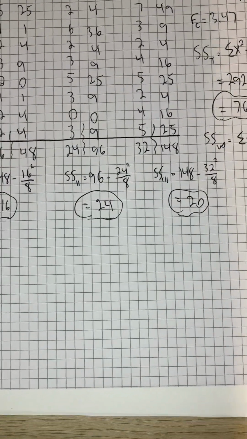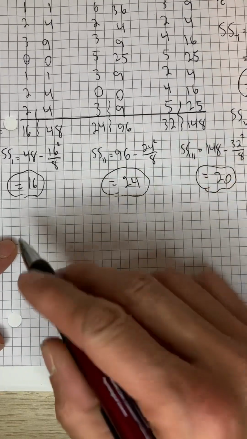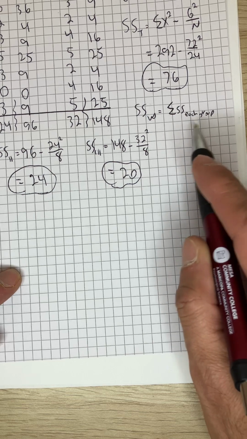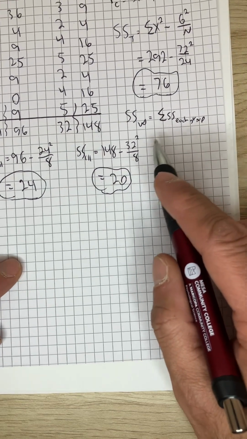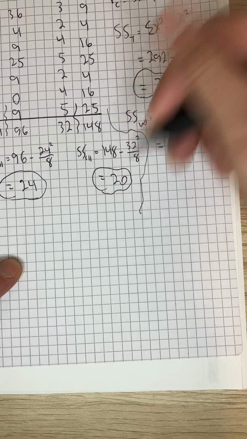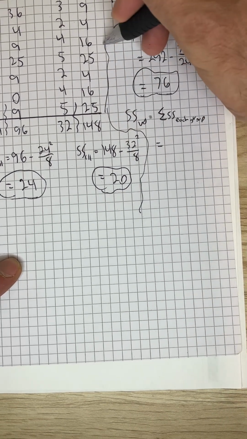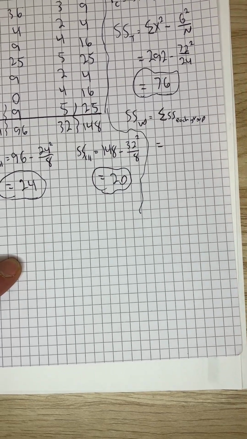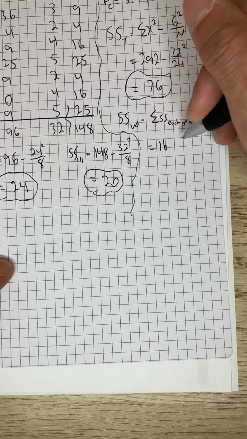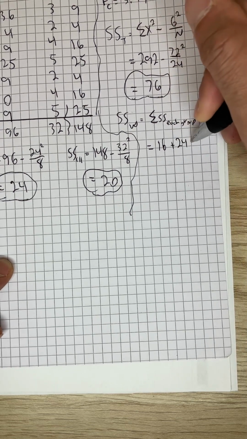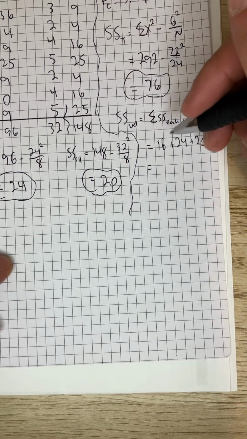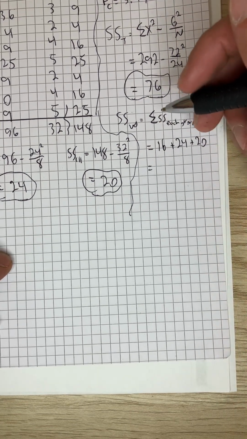So we have the sum of squares for each group. The sum of squares within is just adding up the ones for each group. So that's 16 plus 24 plus 20, which equals 60.